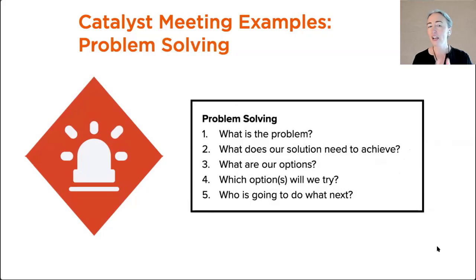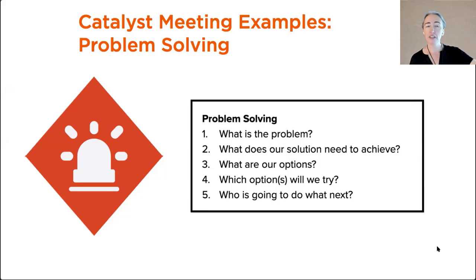And then to identify what does our solution need to achieve, be really clear on, while your problem might be global pandemic, that's not the problem that you actually need to solve, right? The problem you need to solve is how is our company going to keep our employees safe today? What are our options? Which options will we try? And then who is going to do what next?